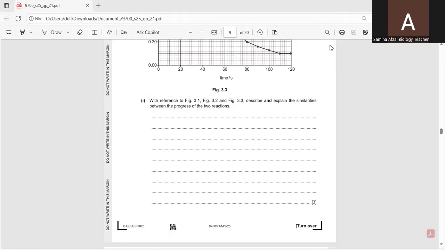First, the similarity between these two graphs is that both reactions change over time. For example, both reactions show a change in absorbance over time, indicating a chemical process is occurring.